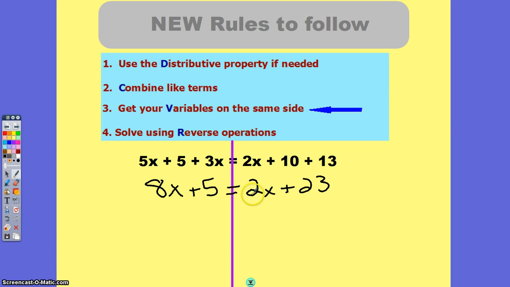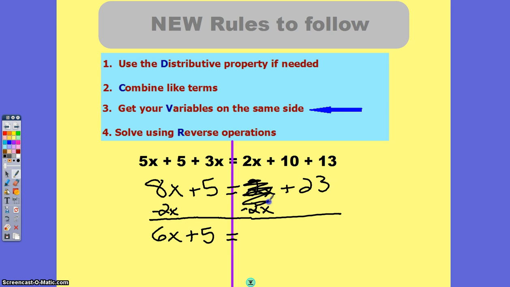So I could have the 2x move over here. So let's do that. I need the 2x to leave this room. So how do I get rid of 2x's? Well, I subtract 2x's. If I do something to one side, I have to do the exact same thing to the other side. So what's left over? Well, my x's are hanging out, which is exactly what we wanted, and it makes a total of 6x plus 5.